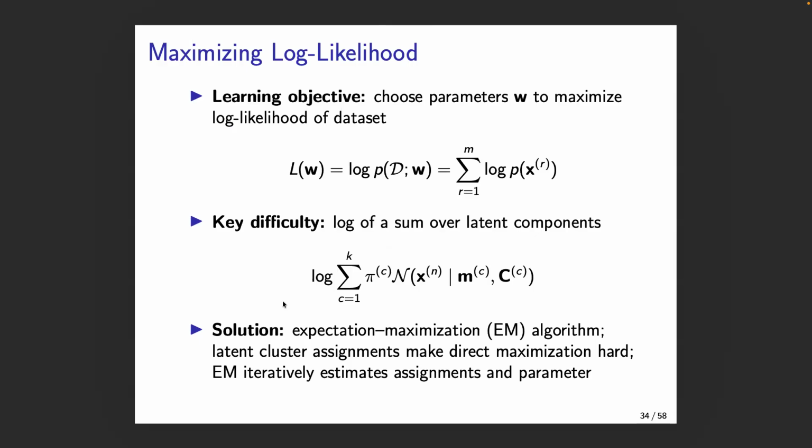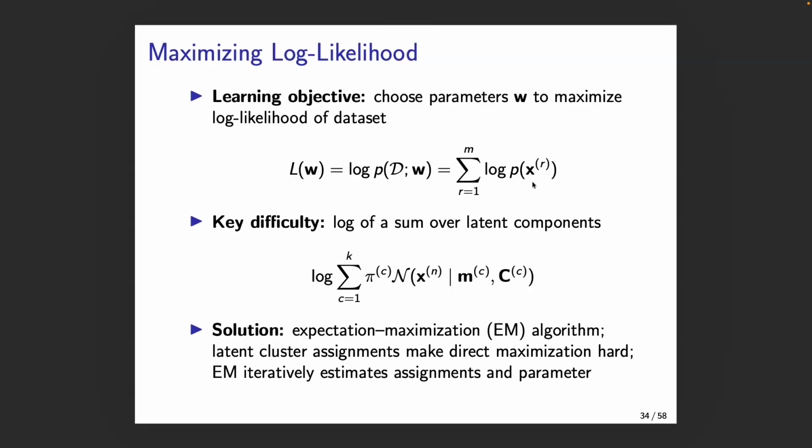For the Gaussian mixture model, what we want to find are the parameters W, meaning all of these mixture weights, mean vectors, and covariance matrices for each cluster, that would maximize the log probability of the data set, or equivalently, the sum of the log probability for each data point.